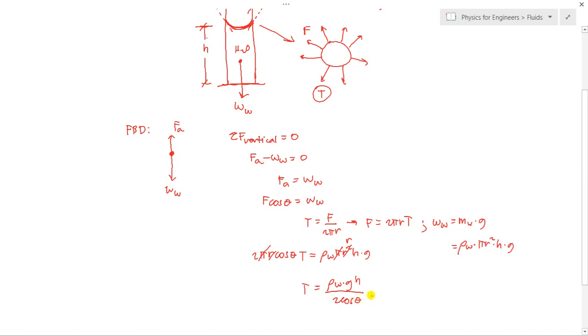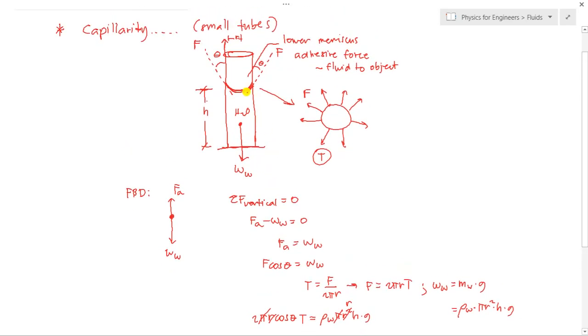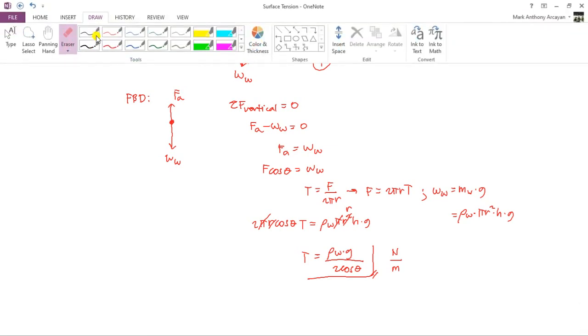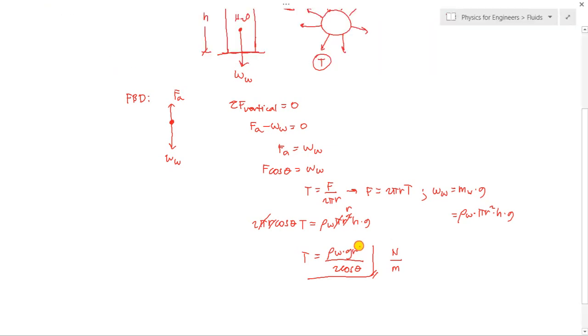Ang theta is angle sa ato ang surface sa fluid with respect to the wall of our capillary tube. So this is the general formula for the surface tension of our capillary tube, and then the unit is again in Newton per meter or force per length. Okay, any question? I think kuwangan pa siya og r. Density times gravity multiplied by the radius times the height.